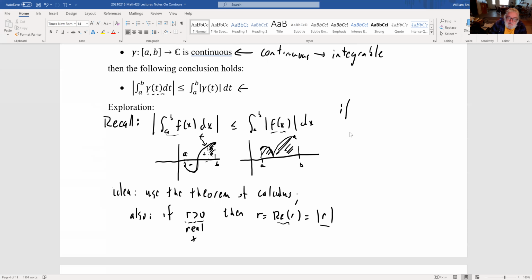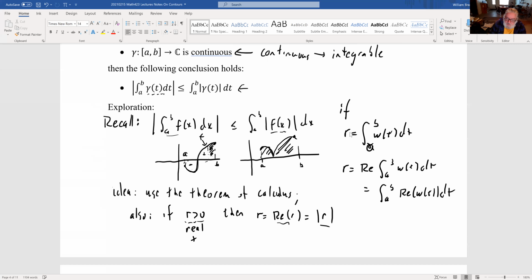So if an integral equals a real number, well, let's call that the integral from a to b of this, then r is the real part of the integral, but the real part of the integral is the integral of the real part.